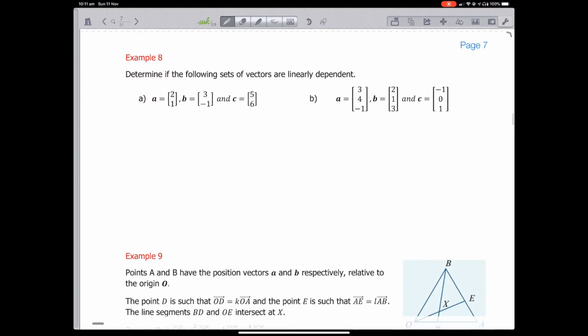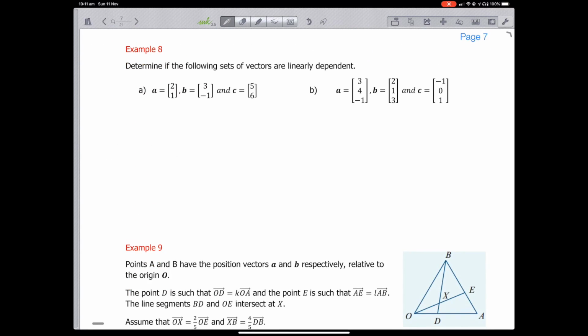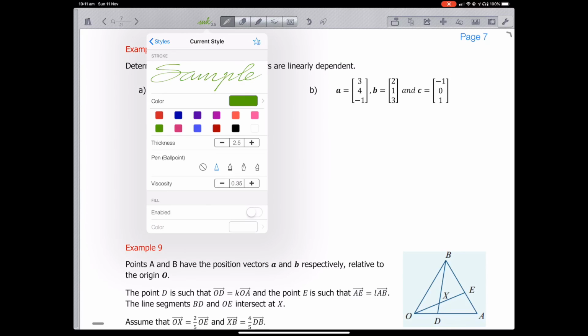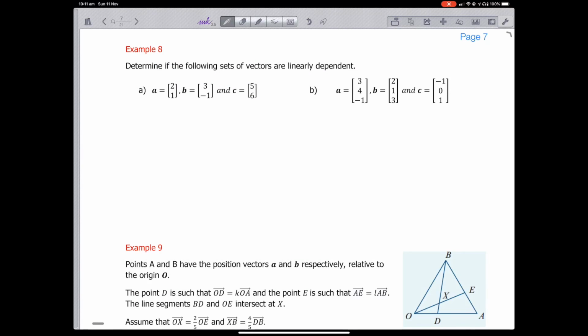Okay, so here, I want to see if these vectors are linearly dependent or not. Now, this one you can do by inspection, just by looking at it. This one's got a gradient of 2. No, ij, it's got a gradient of a half. This one's got a gradient of negative a third, and this one's got a gradient of 6/5.